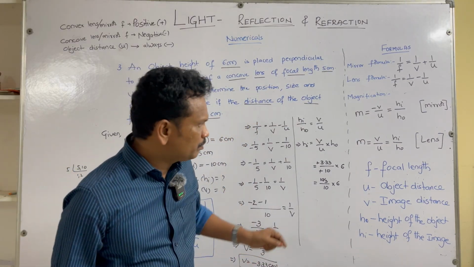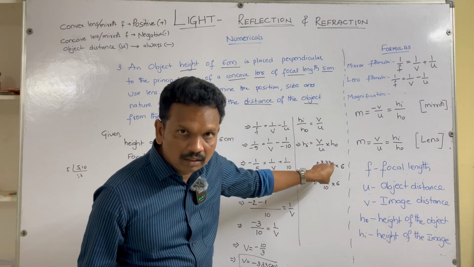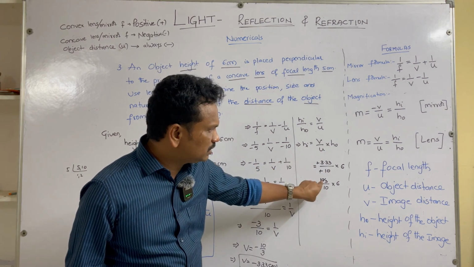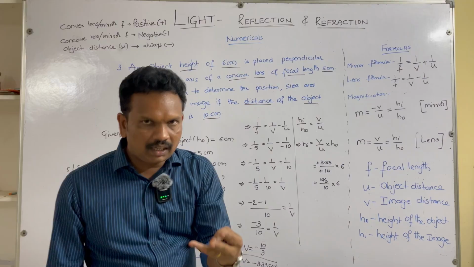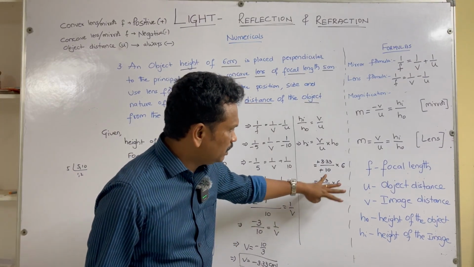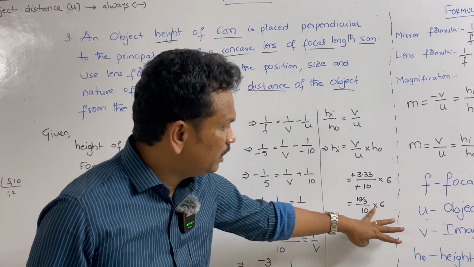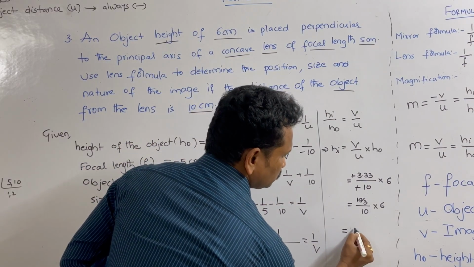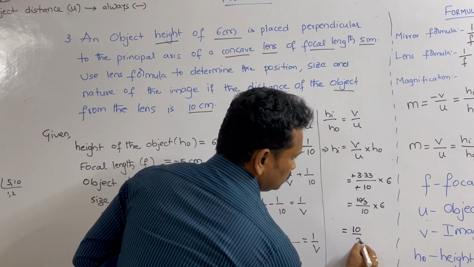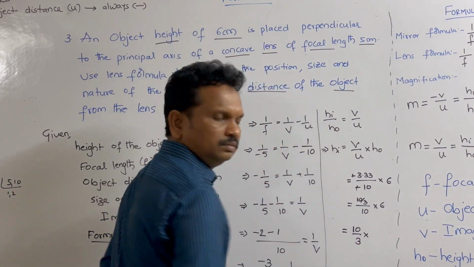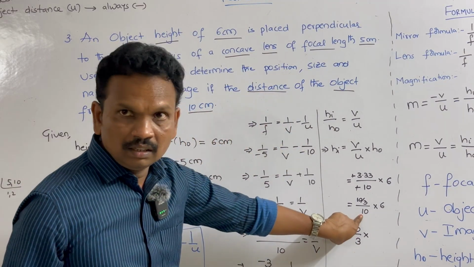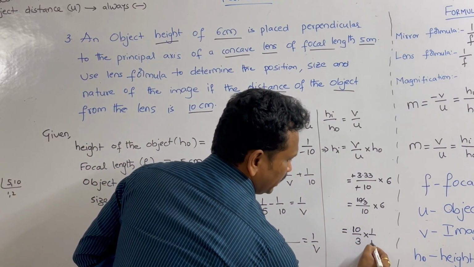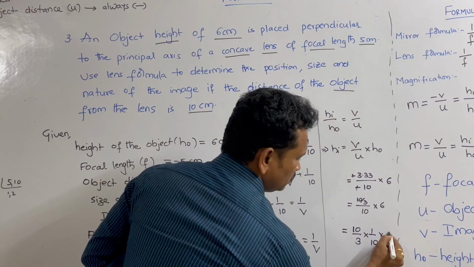For simple calculation, I changed 3.33 to 10 by 3, by 10 as it is, into 6. Now it can be written as 1 by 10 into 6.